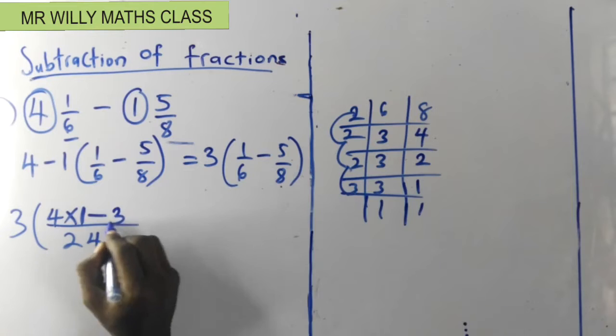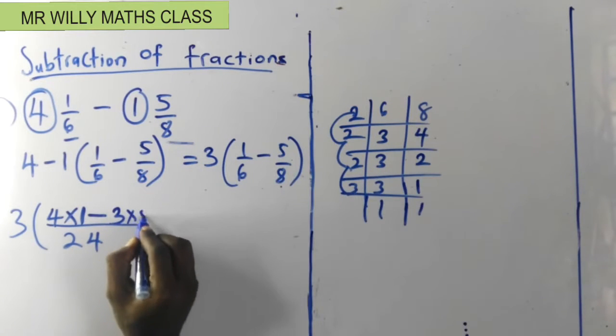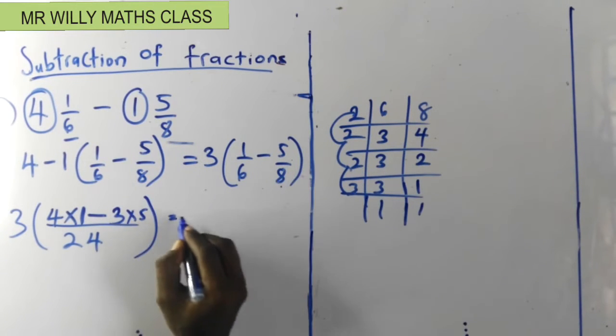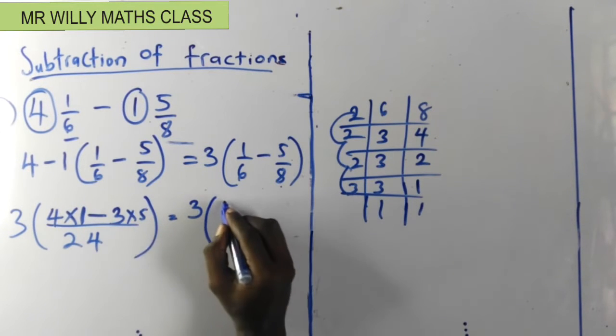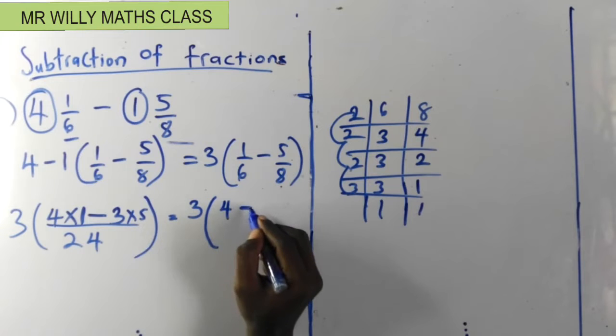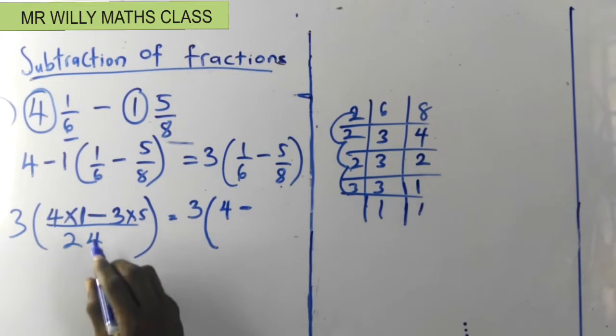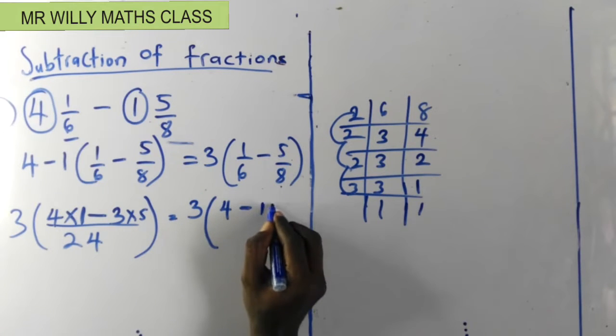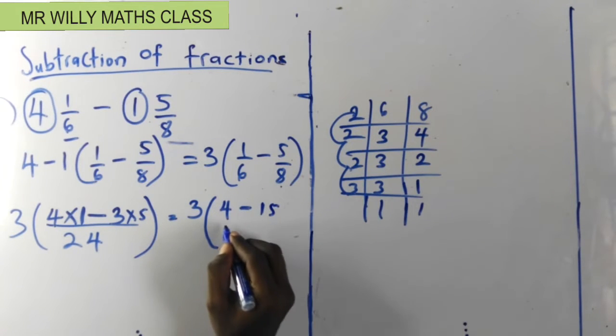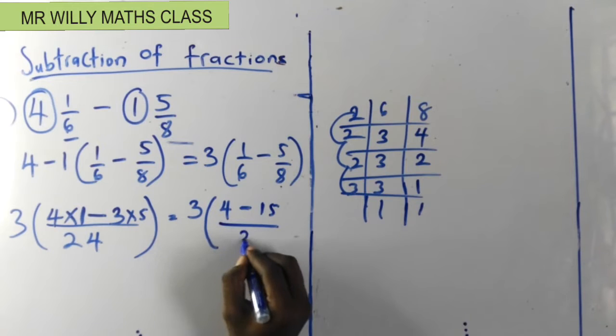That will be 3. Then use the 3 to multiply the numerator, that will be 3 times 5. So we are going to have 3 bracket 4 times 1, that will be 4, minus 3 times 5, that will be 15, over 24.